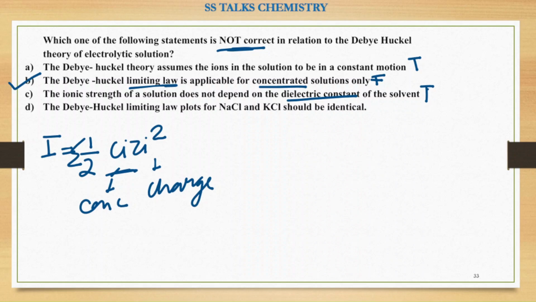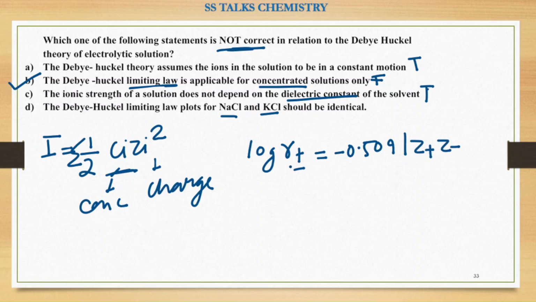Next is the Debye-Huckel limiting law plots for NaCl and KCl should be identical. According to the Debye-Huckel limiting law, log of gamma plus-minus is minus 0.509 into Z positive Z negative into the root of the ionic strength.